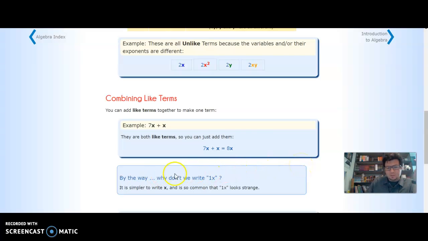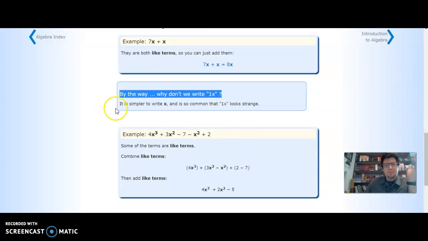So you always need to imagine a 1 in front of x. Why don't we write 1x? Because it's simpler to write x, and so common that 1x looks strange. Okay. So here's an example. These two are like terms, and these two are like terms because they don't have any variables after it.